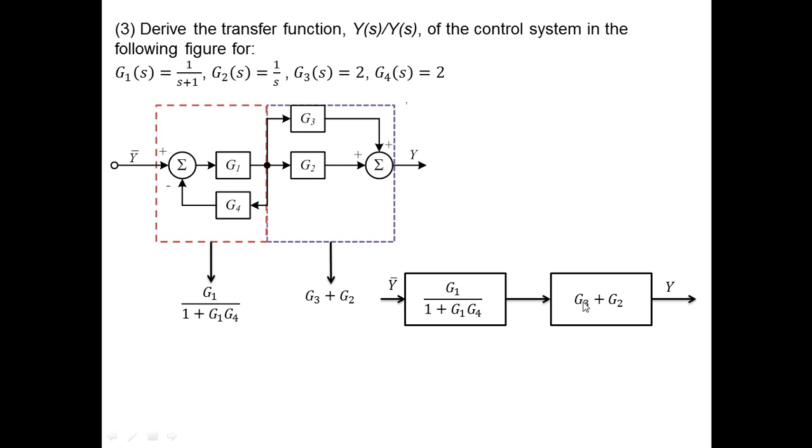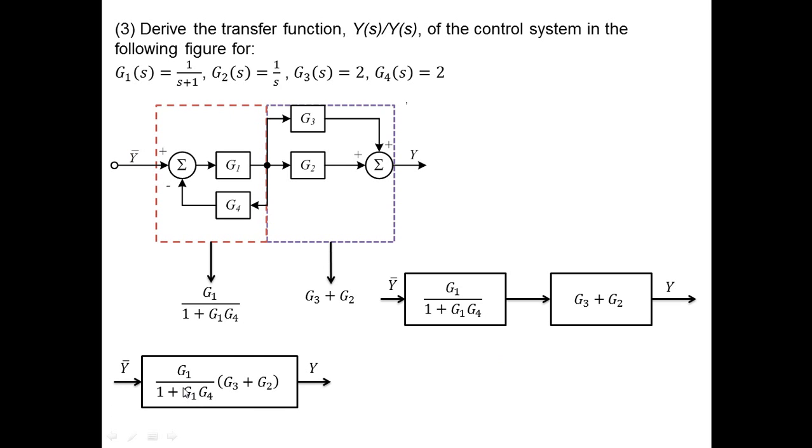Here again we have two series blocks. We can further simplify these two blocks by just multiplying the transfer functions of these two blocks. So the result will be G1 over 1 plus G1 G4 multiplied by G3 plus G2. Now at the final stage, we just need to substitute the values of G1, G2, G3 and G4 in this transfer function.